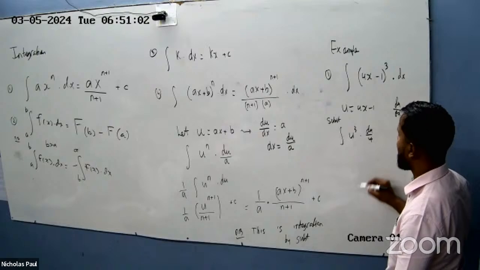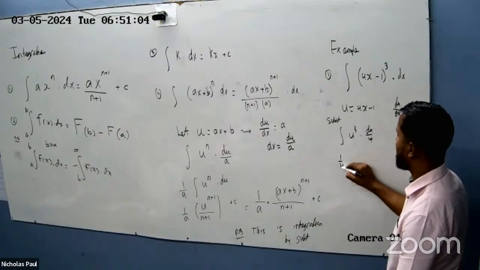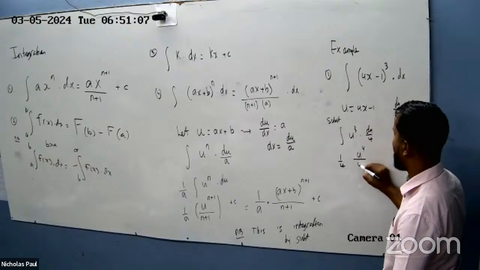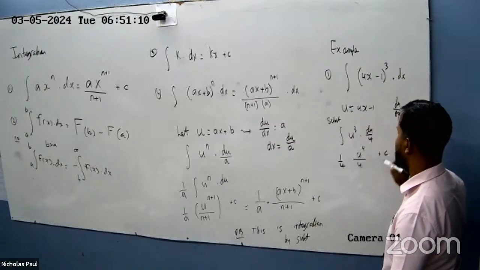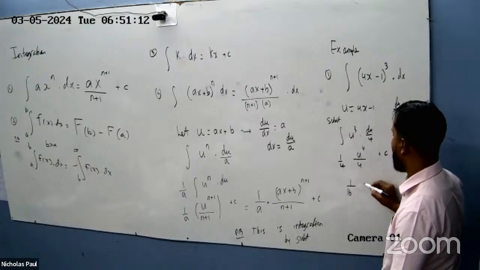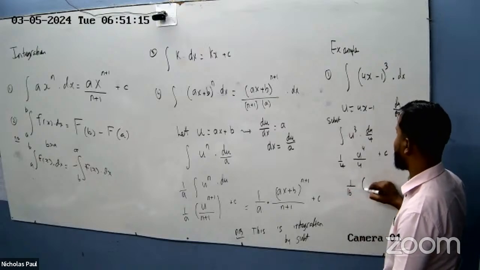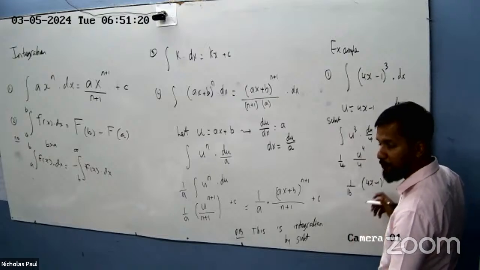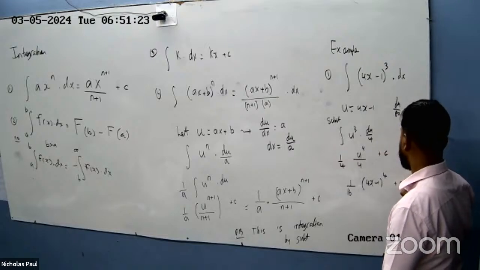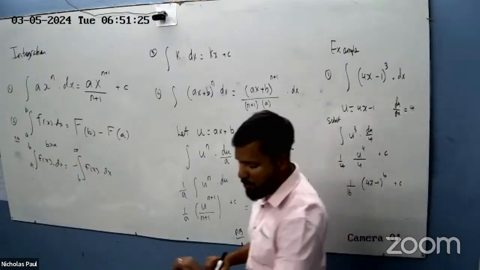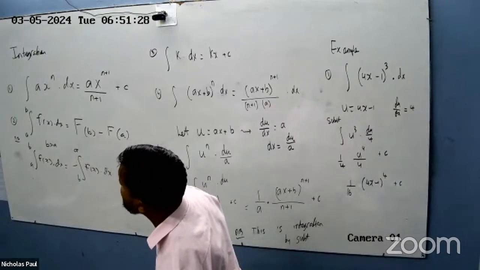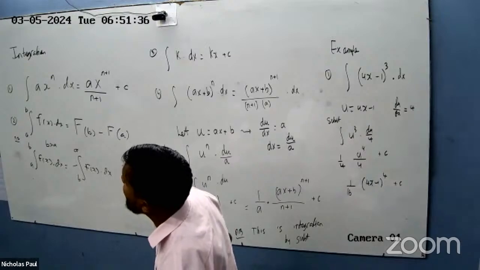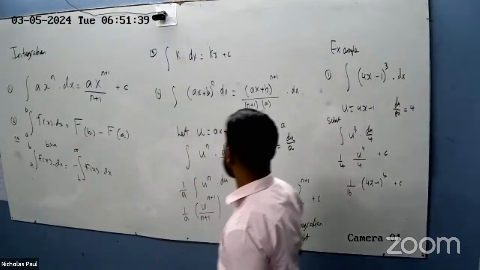That's a 4 here, so I'll put another quarter. And here you will get u to the power 4 over 4 plus c. So I got 1 on 16 by 4x minus 1 to the power of 4. Anybody get that? Online? Are you okay there? Samira, Kalia, are you okay?